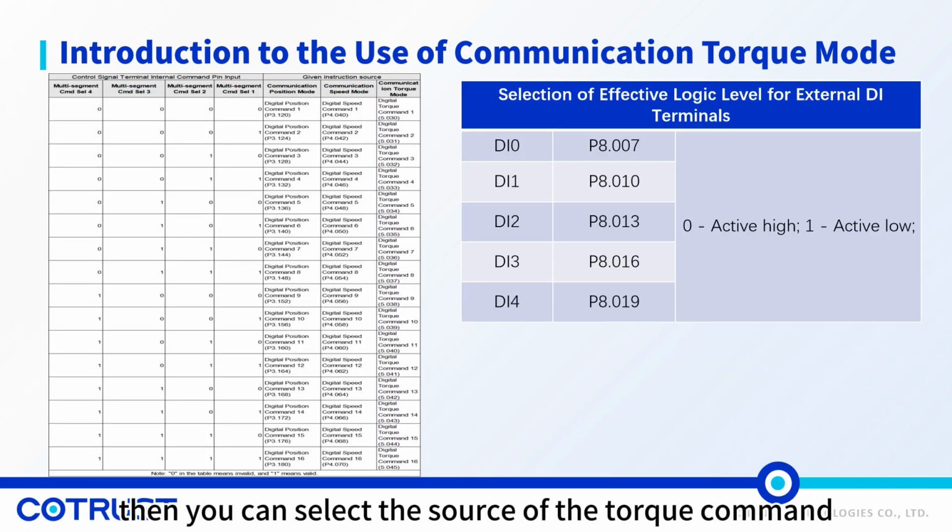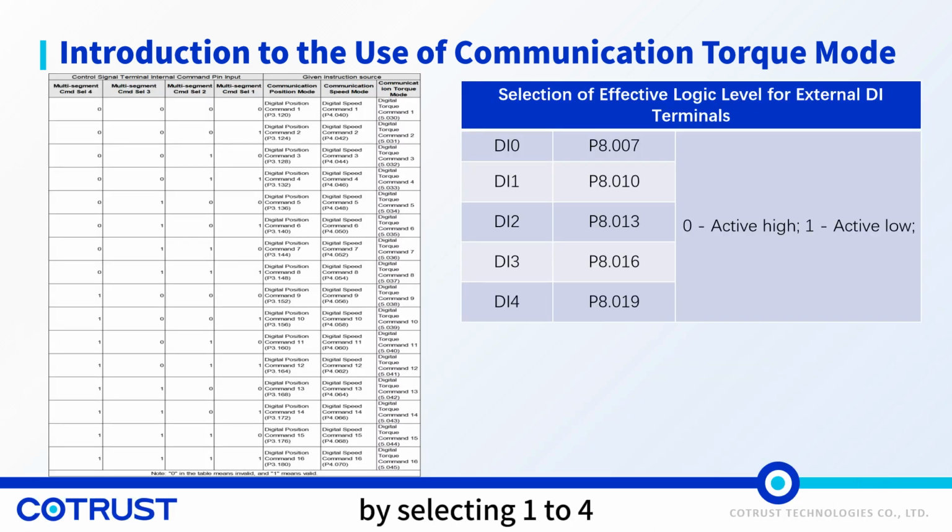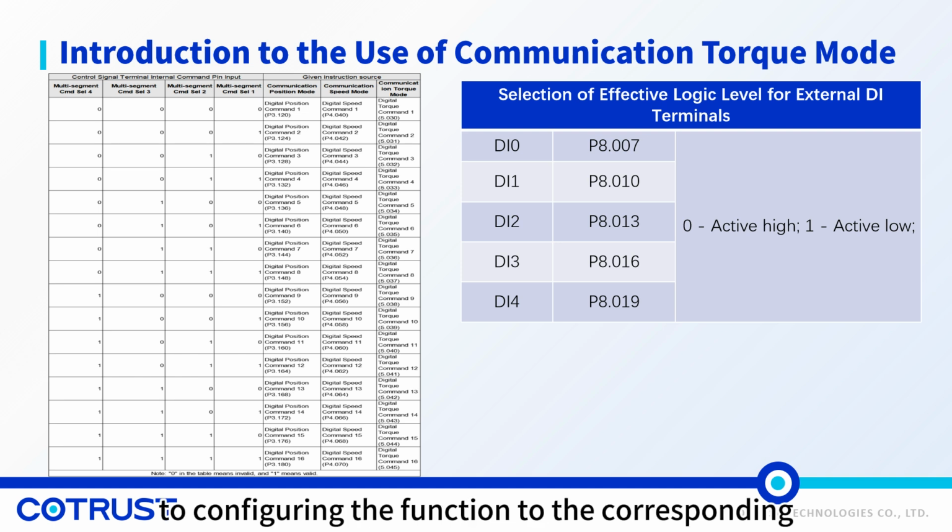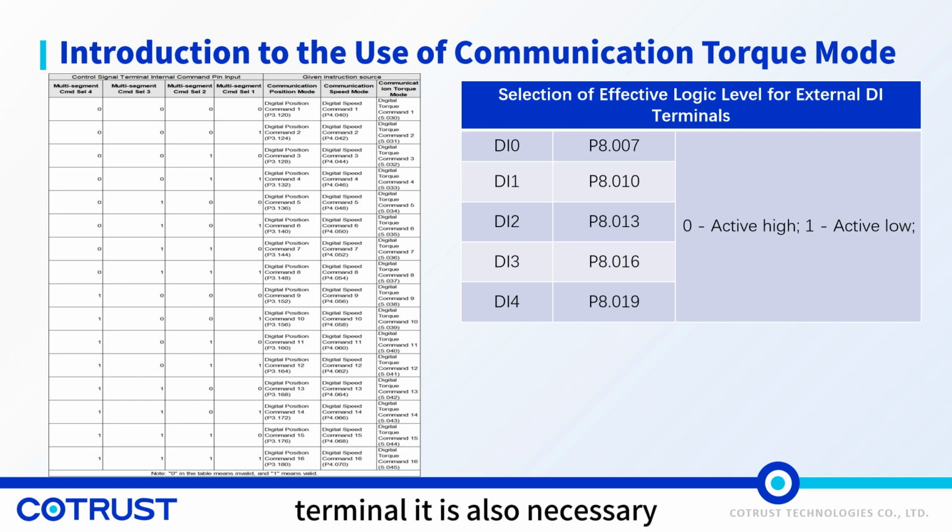Then you can select the source of the torque command by selecting 1 to 4 as 0, or 1 through multiple instructions. With terminal control, in addition to configuring the function to the corresponding terminal, it is also necessary to select the effective logic level for each terminal.